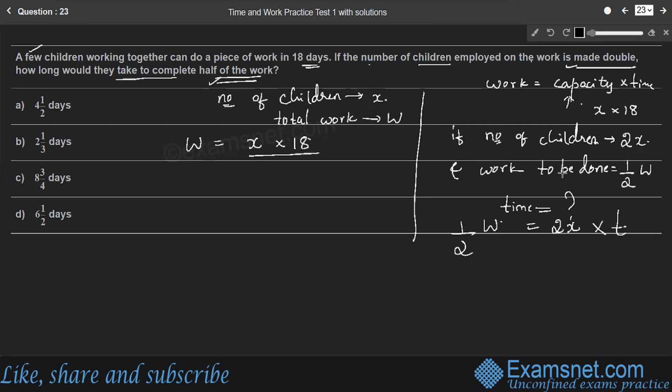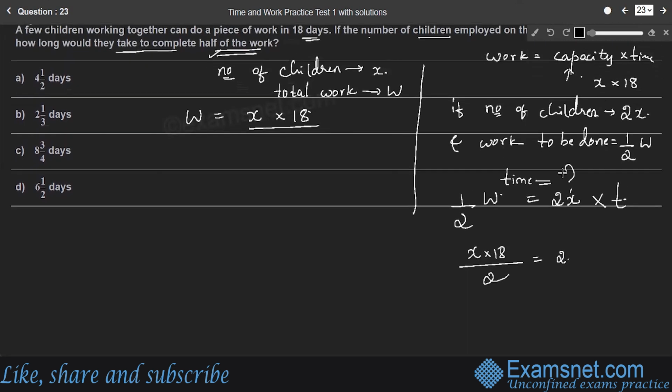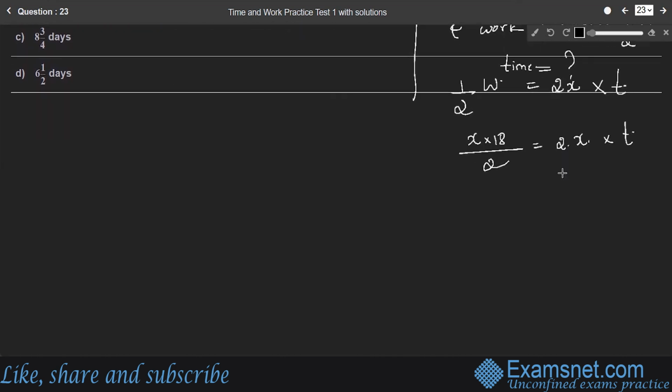Work is X into 18, number of children into 18. Substitute that value: X into 18 by 2 is equal to 2 times X into time. Here the question is, how long would they take to complete half of the work? What is the time taken by them?